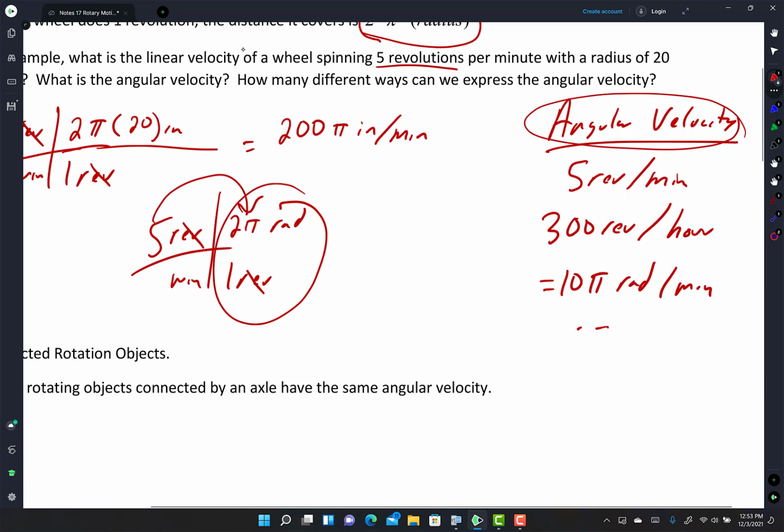If I would have told you I do 360 degrees every half a second, then that's angular velocity as well. Did I answer your question? Yes, 5 revolutions per minute was given, times 60, I got 300 revolutions per hour, or times 2 pi, I got 10 pi radians per minute. All 3 are examples of angular velocity.